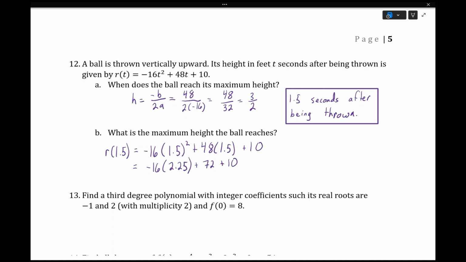If I do negative 16 times 2.25, it ends up giving me a negative 36. And so in the end, this equals 46. So its maximum height is 46 feet. Remember, units matter, so if you don't write the units, points will be taken off.